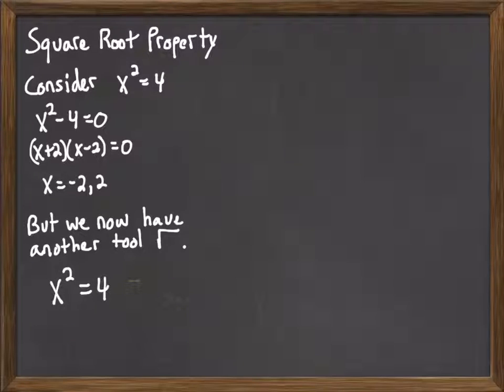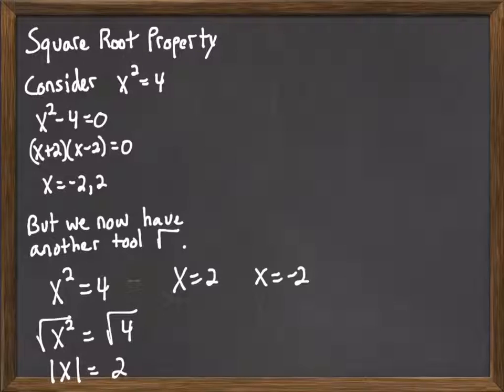So what we do to solve the equation x squared equals 4 is we apply the square root to both sides. Now, knowing square root of x squared is absolute value, that would be equal to 2. We can then say, well, because it's absolute value, it's either positive 2 or negative 2. That's kind of how we approached it with absolute value equations.